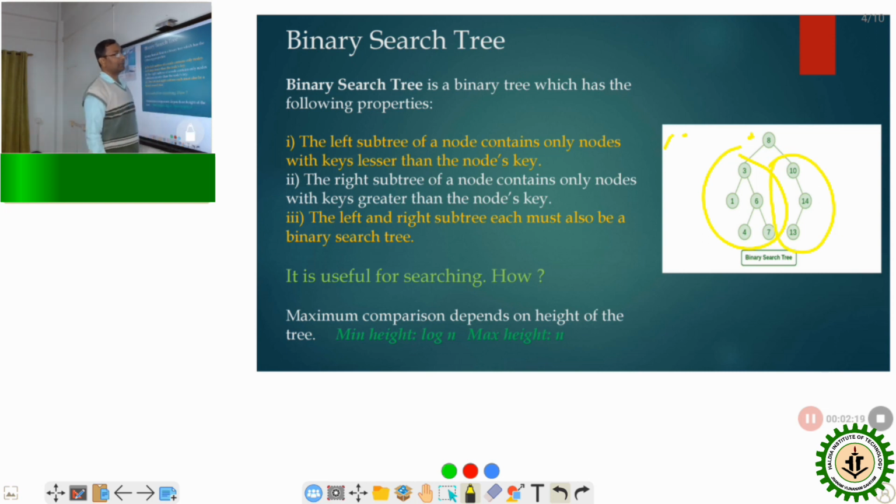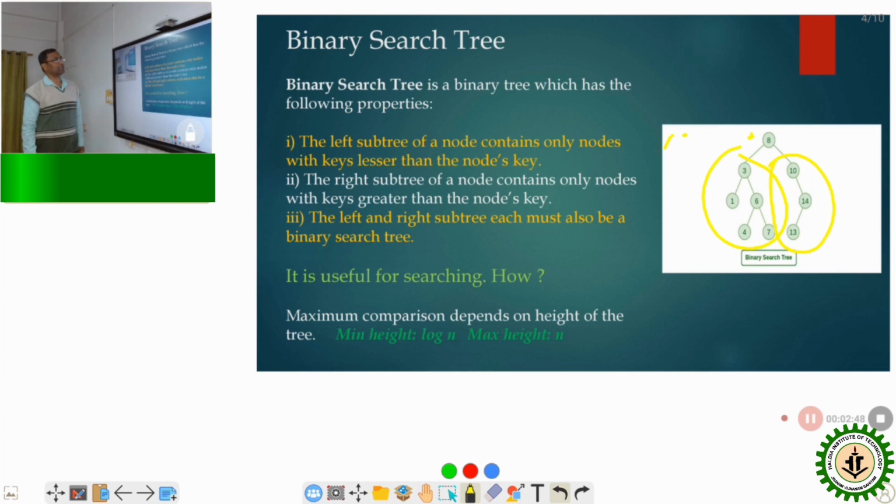So the left subtree of 8 is also a binary search tree, as well as the right subtree of 8 is also a binary search tree. So this is the binary search tree. That means we can say all the elements in the left subtree are lesser than the node, and the entire right subtree of the node is greater than the node itself.